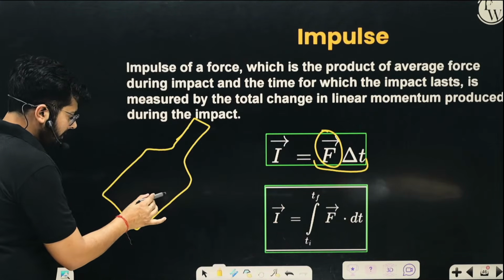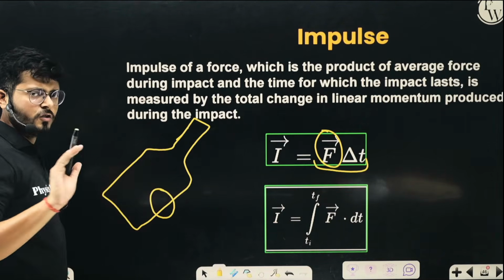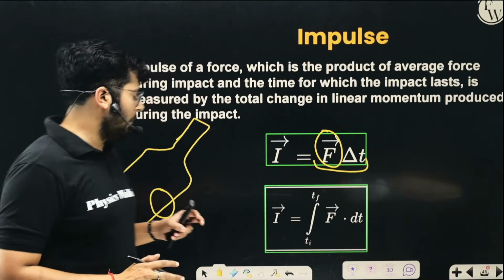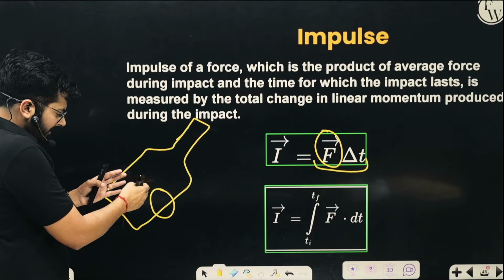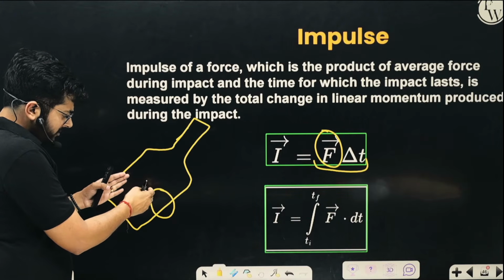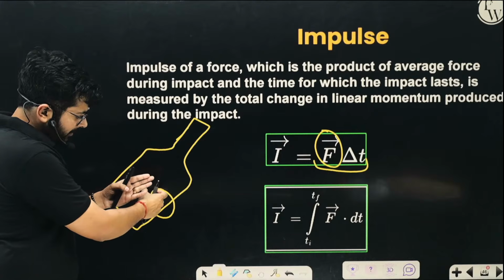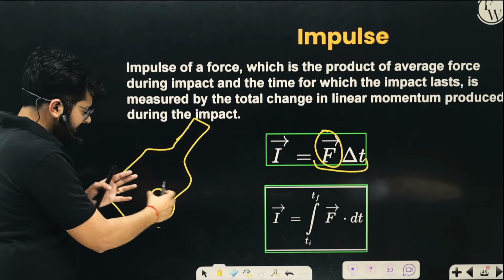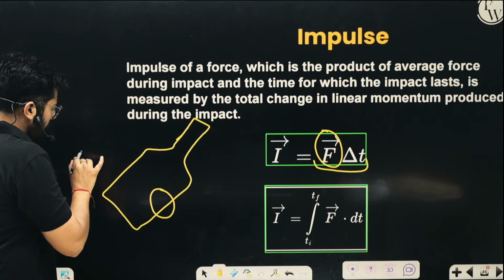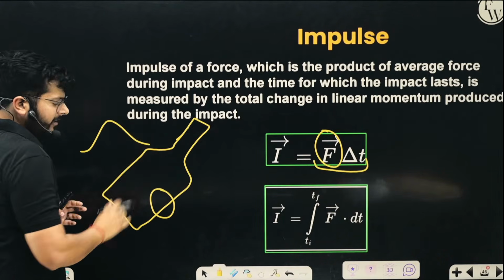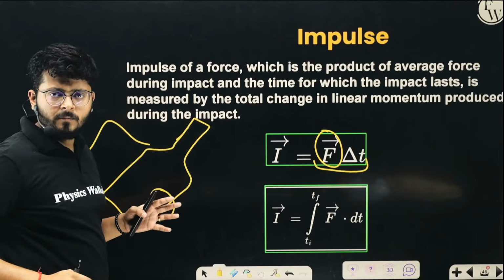We are assuming that the ball is not deforming. The ball is coming in contact with the bat, the force is increasing and getting maximum, and then the direction of the ball will change and it will go in some direction, right?